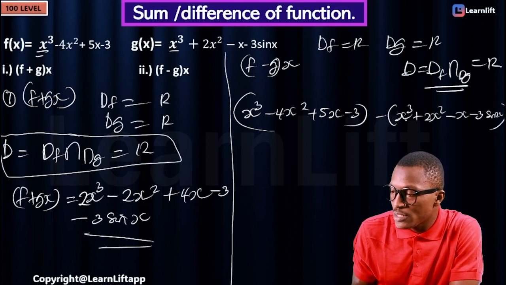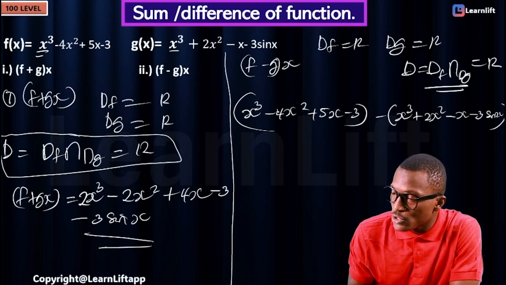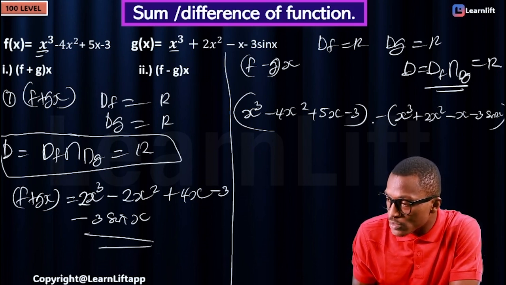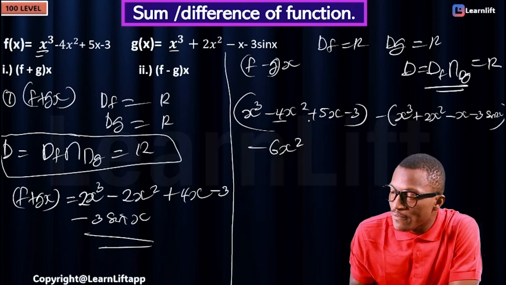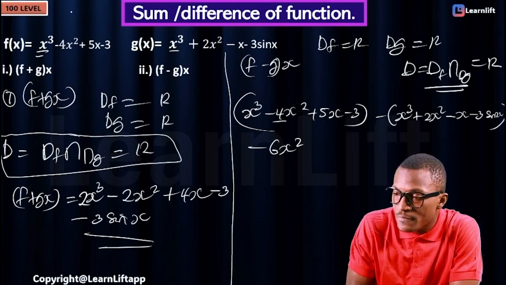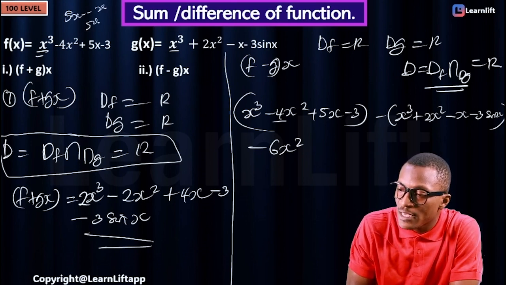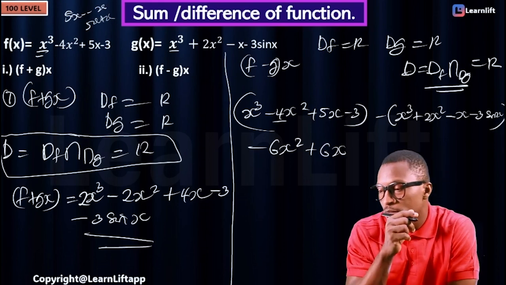x cubed minus x cubed, both of them will cancel, so they will go. So minus 4x squared minus 2x squared will give me minus 6x squared. Then 5x minus minus x is like saying 5x plus x, that will give me plus 6x.